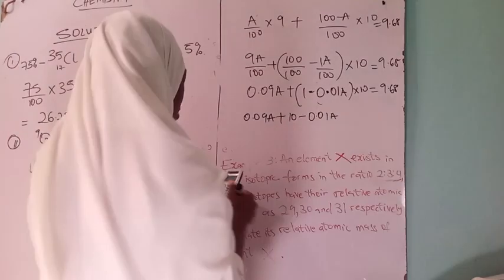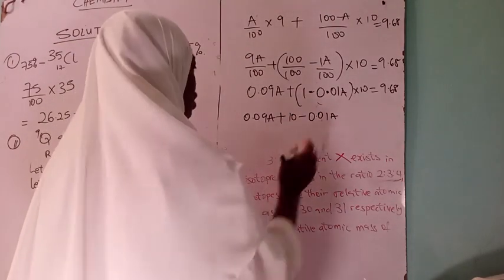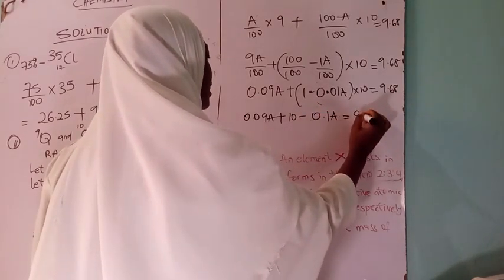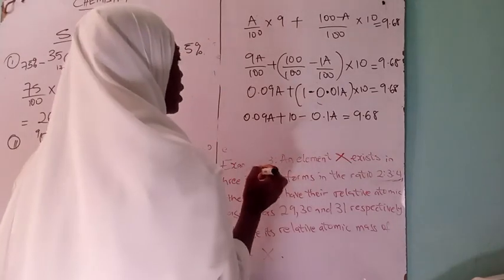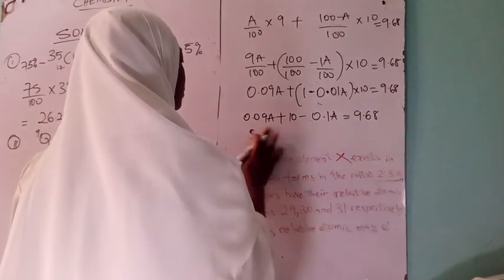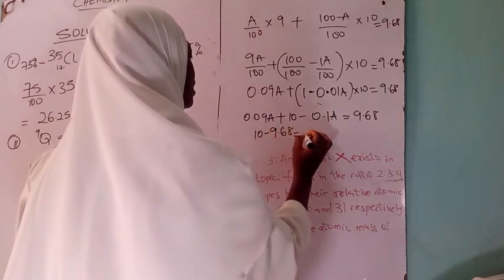That's 10 minus 0.01 times 10, which gives us 0.1A, equals 9.68. Collect like terms.